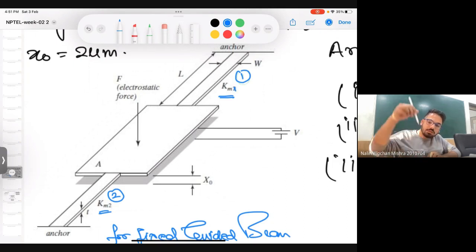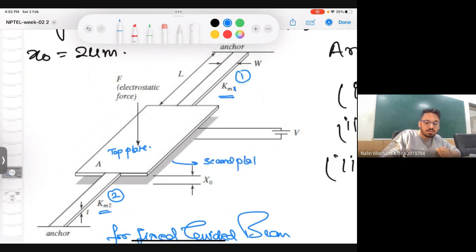So we are applying the force in this direction. So there will be bending like this, and this is the top plate, and there is one second plate which is fixed.